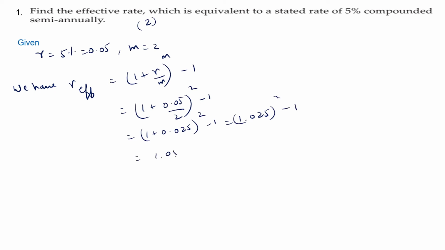It is 1.0506 minus 1, or it is 0.0506. Therefore, R effective is equal to 5.06%. Here writing the formula carries 1 mark and substituting the values, remaining steps and the final answer carries 1 mark.